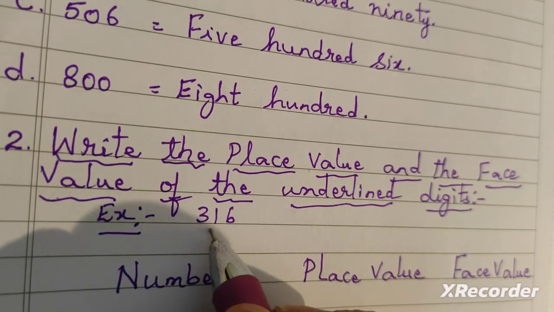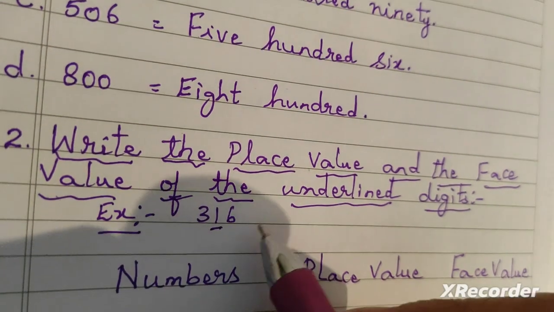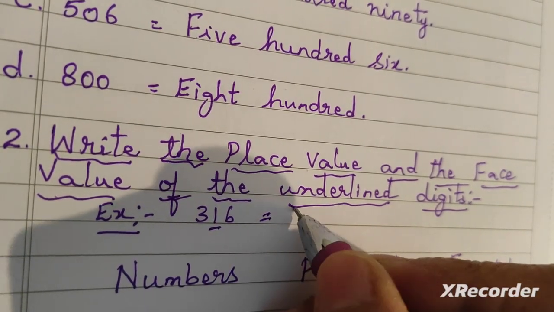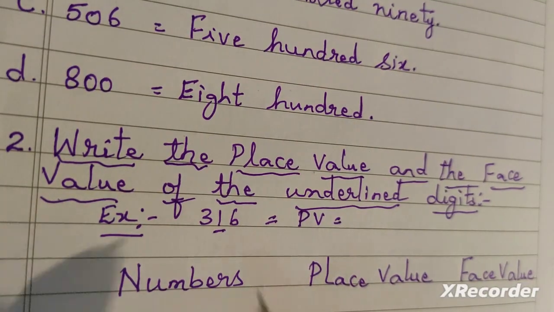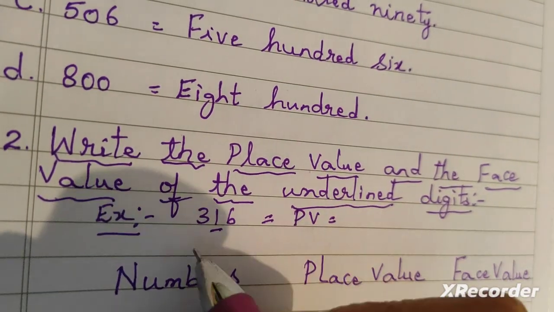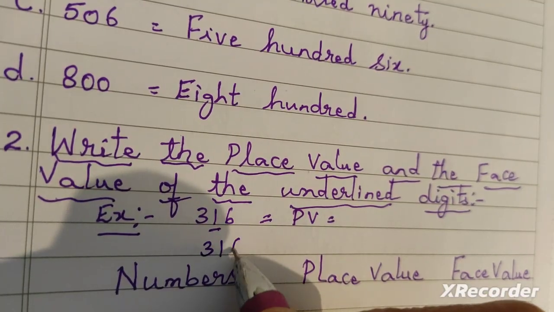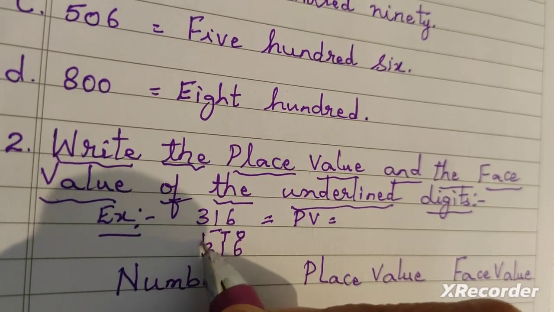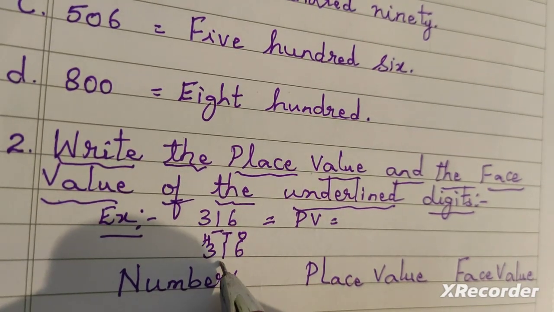Now let me underline 1 here. First let us find out place value. Place value means how you are going to count 316: ones, tens, hundreds.